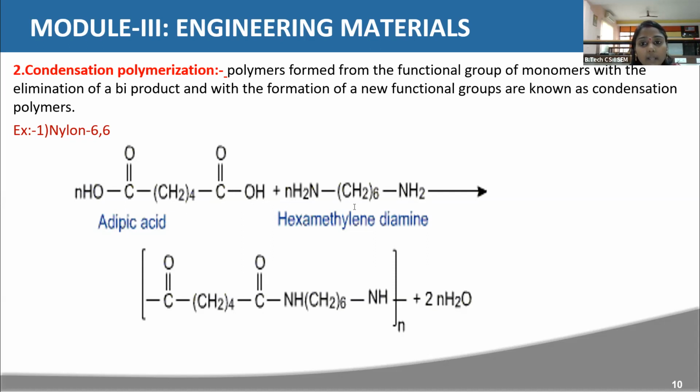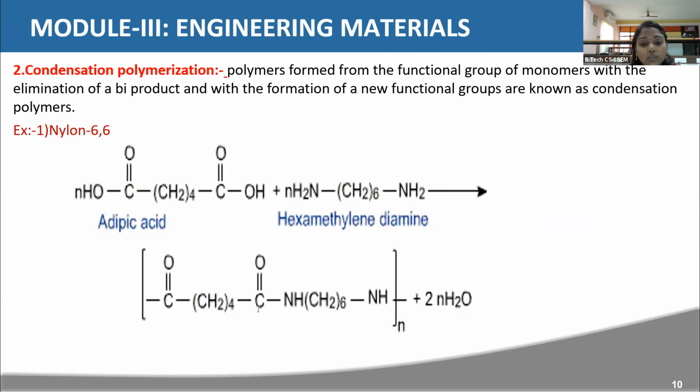Similarly, hexamethylene diamine has amine groups containing 2 hydrogens, and those 2 hydrogens are removed. The 2 OH and 2 hydrogens combine and water molecules are released. So this is the nylon 6,6 structure.